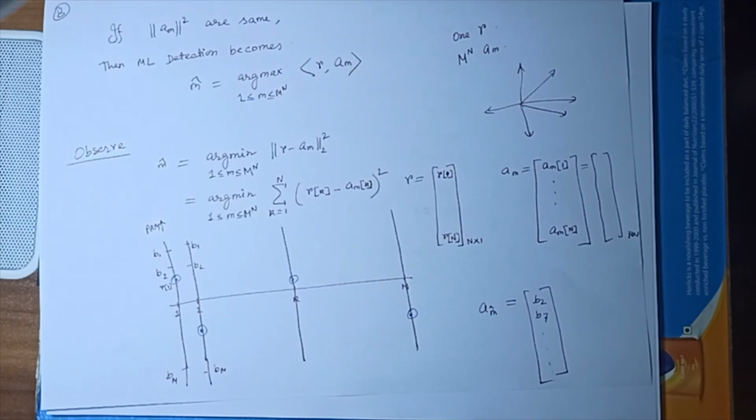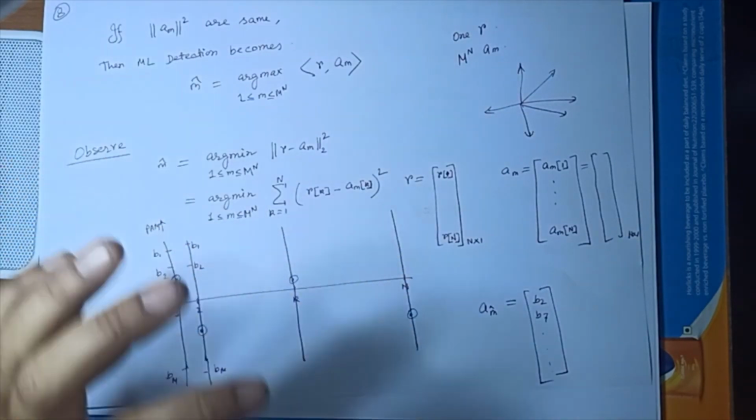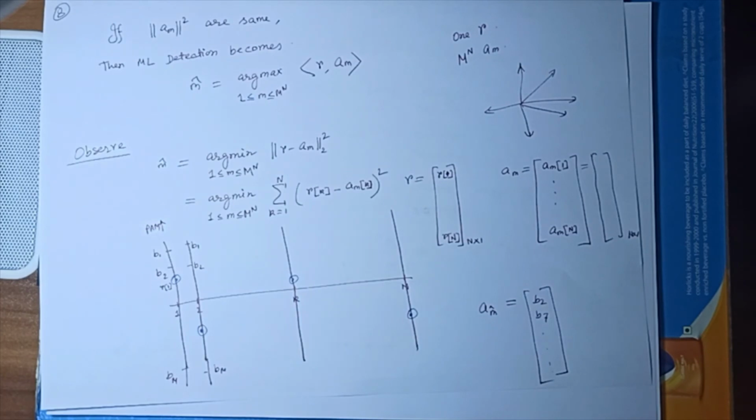That's it. So this gives us a really nice revelation that we really do not have to do vector detection, since at every instance I can perform individual detection, like scalar detection, be it in PAM or QAM, whatever. So that is good enough.